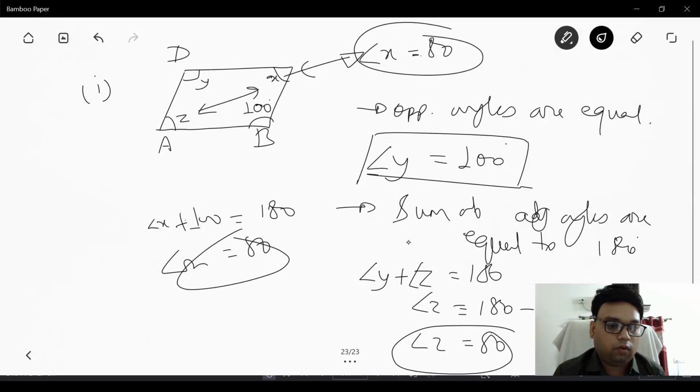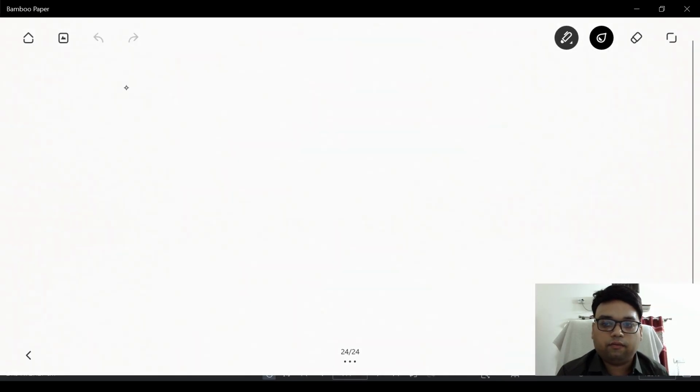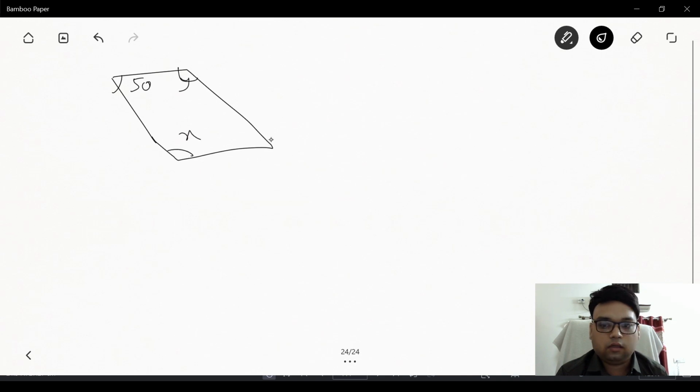Now moving forward to question number 2. What does question number 2 say? The figure is like this. This one is 50 degrees. This one is your angle y, angle x, and angle z.